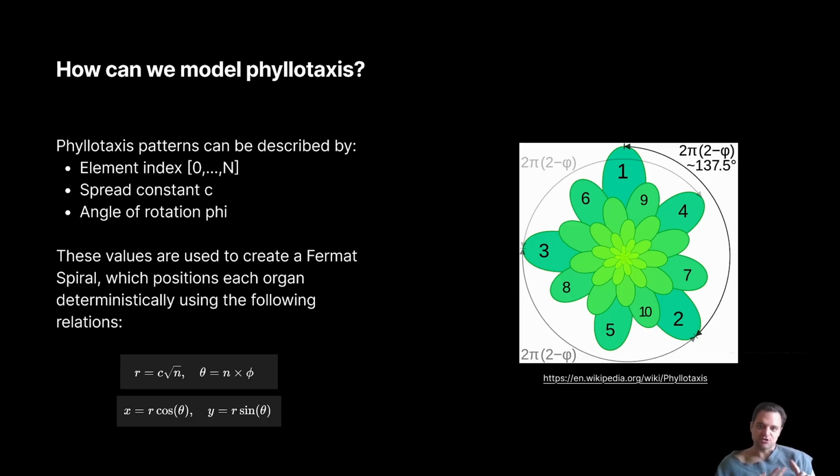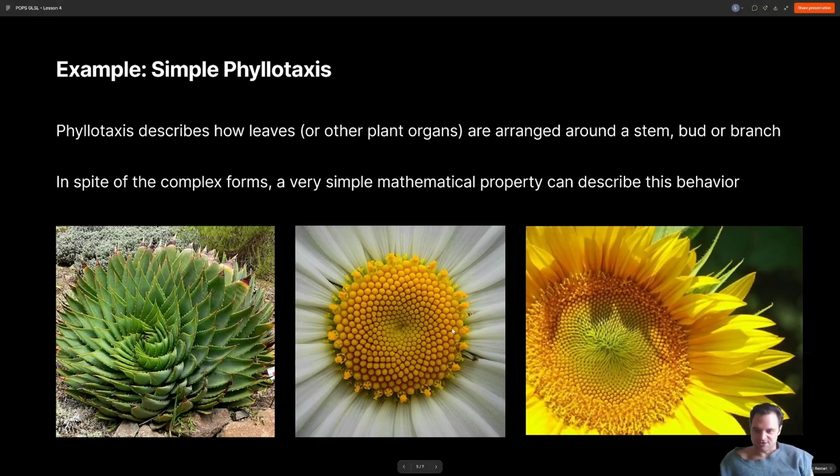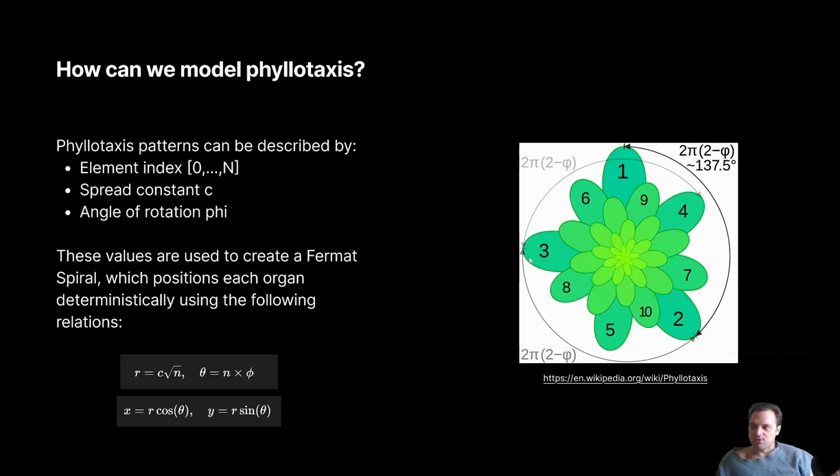These three things are going to determine what the pattern looks like. Now, the most common angle of rotation is known as phi, the golden angle. That's 137.5 degrees. It is very well established, and it leads to exactly the types of patterns that we see here.